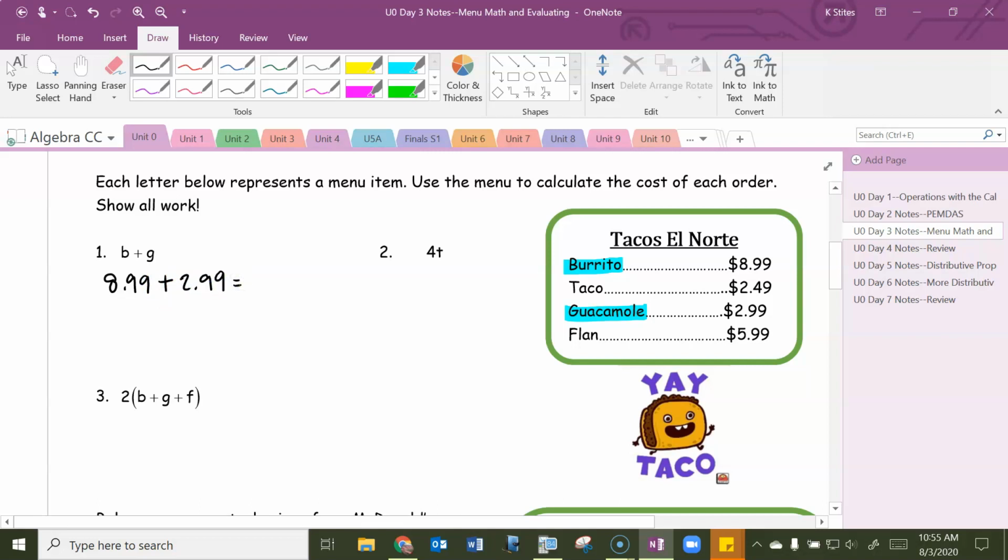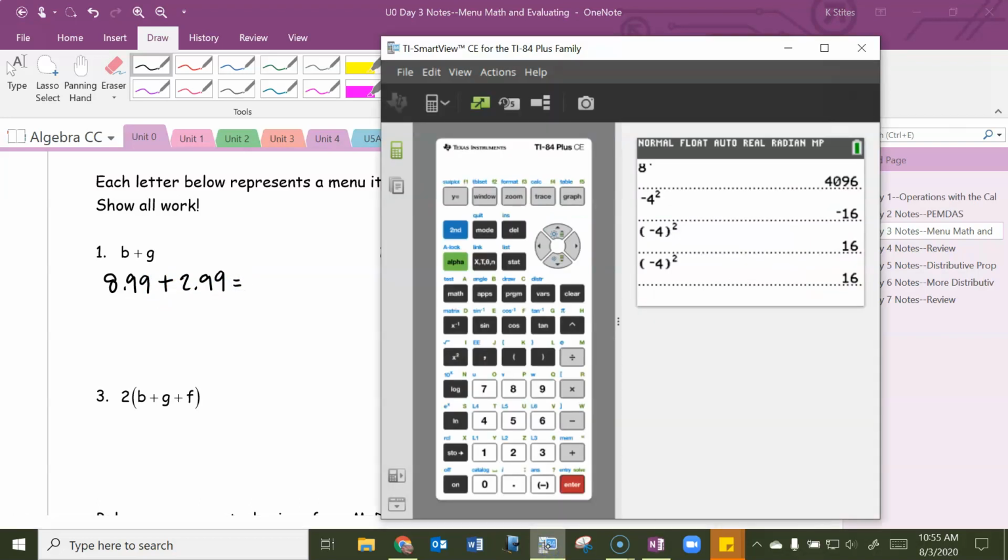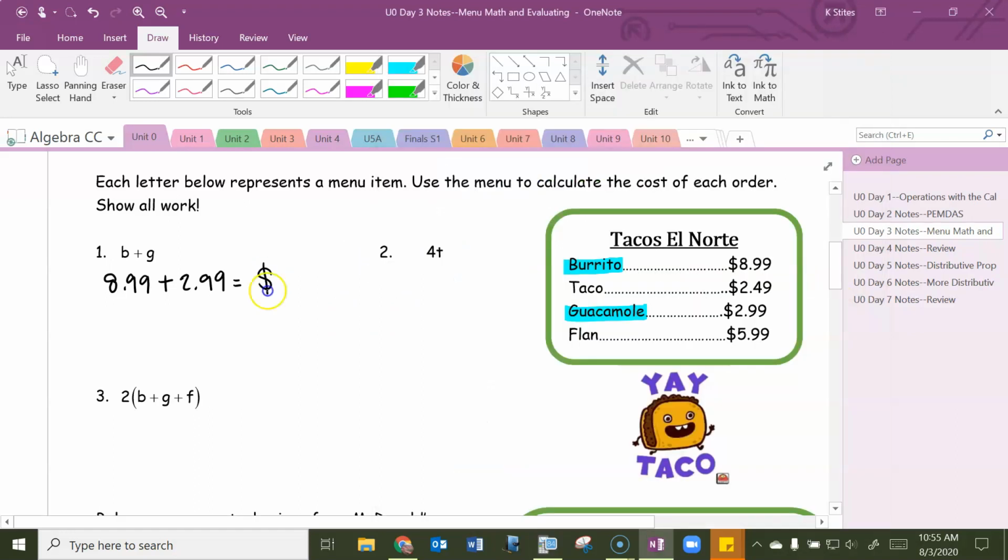So that's you showing your work. And then just go ahead and type it in. Make sure you have your decimal. Okay. And we get $11.98, and we do want to put a dollar sign, and our dollar sign goes in front. Okay, we're like the only country that does that, but there you go.